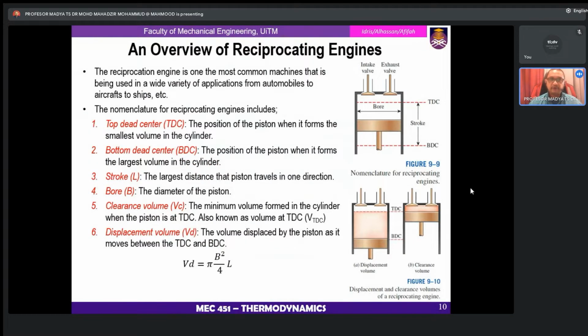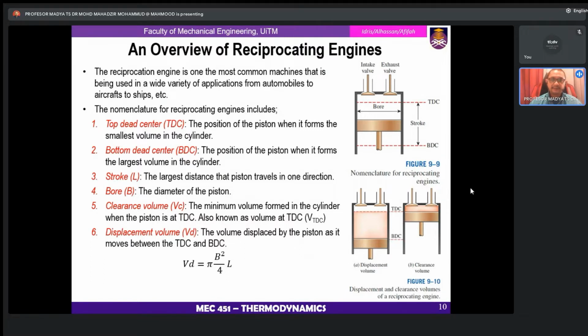An overview of reciprocating engines. Okay, the reciprocating engine is one of the most common machines.